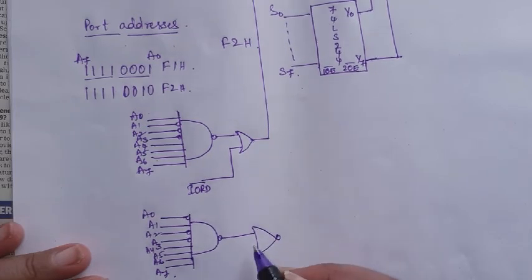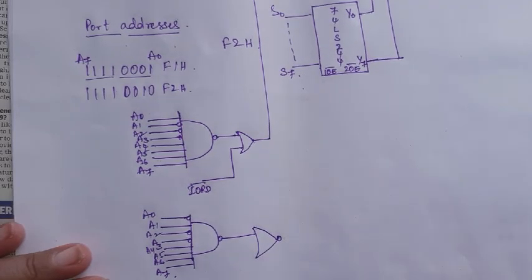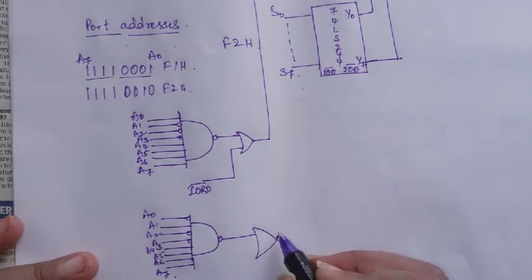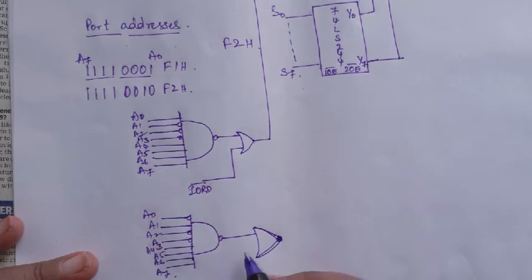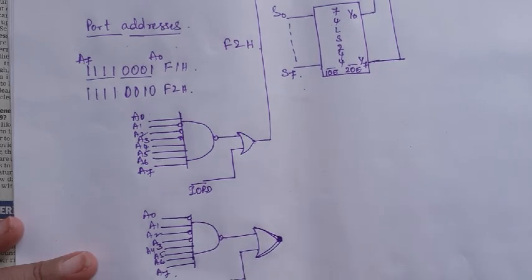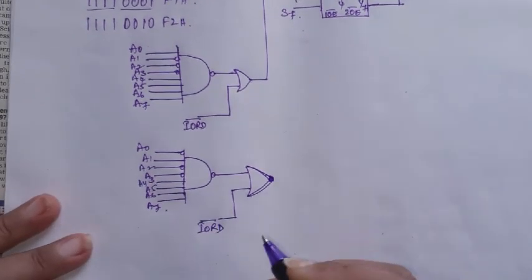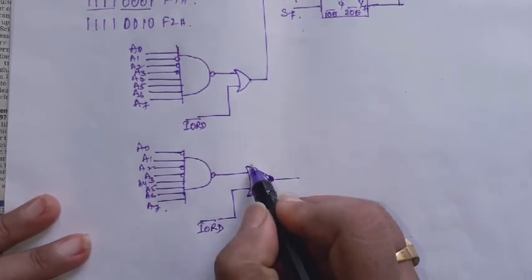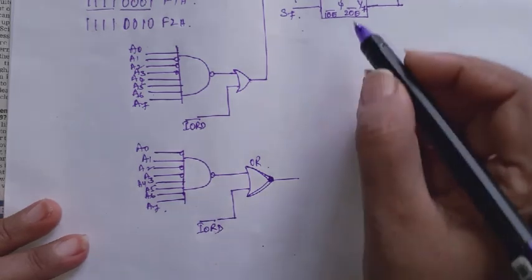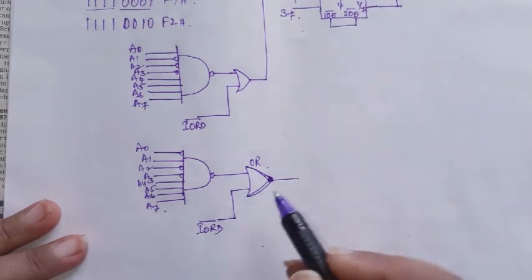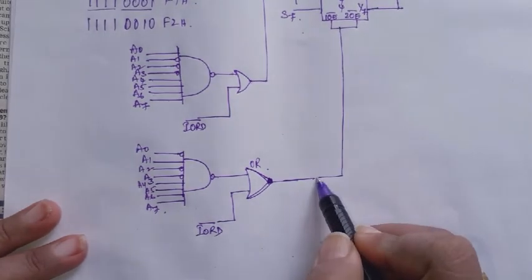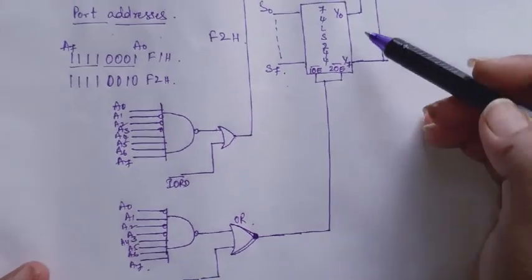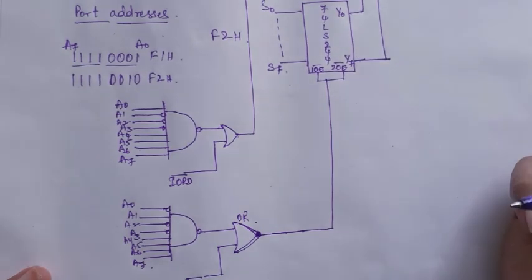Here also IO read bar, these two are decoded, and the gate is an OR gate, not a NOR gate, because you require active low here, and you are getting active low output. So this is used to decode and select the second switch set.